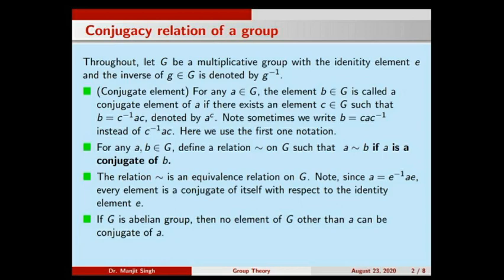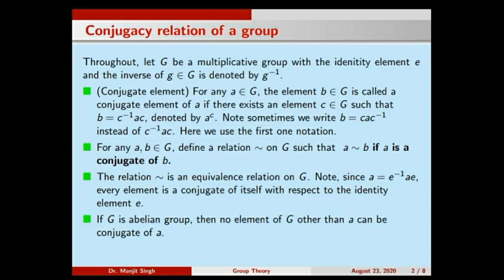Then we say that an element b of G is a conjugate of an element a if there exists an element c of G such that b can be written in terms of a using that element. Like, if b is a conjugate of a, then there exists an element c such that b can be expressed as c inverse a c.